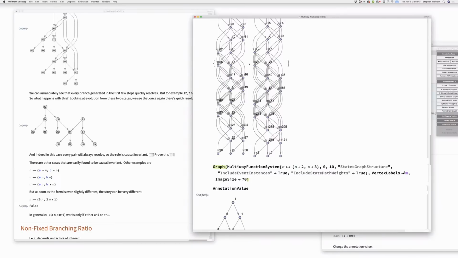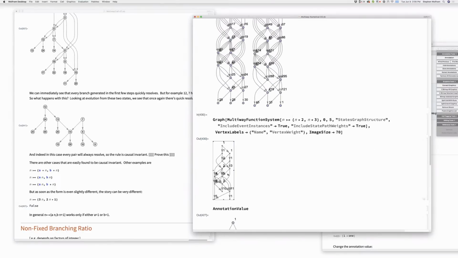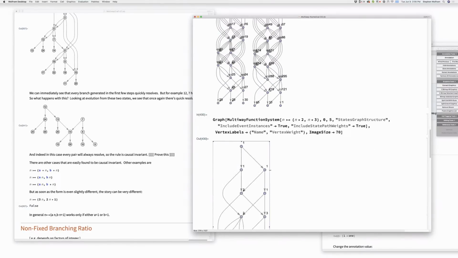I want to put the two things in a list. So I want vertex labels to be, and I tried the obvious thing of name, comma, vertex weight, and it didn't work. Right? You understand what I'm saying? This didn't work, even though I would have expected it to work.